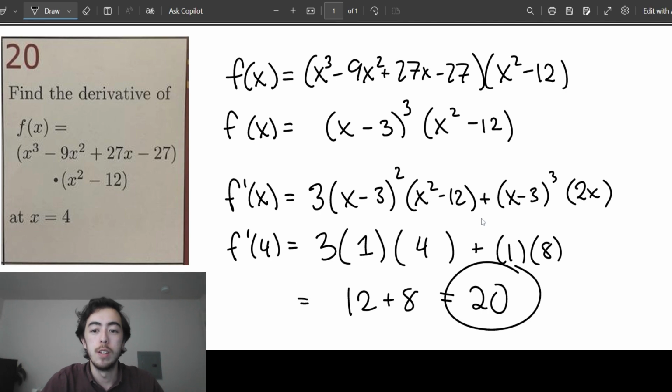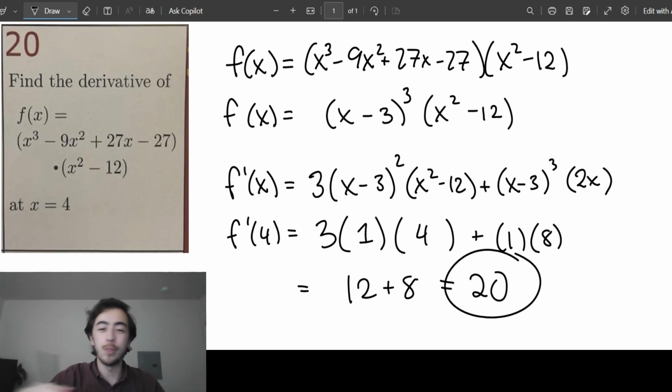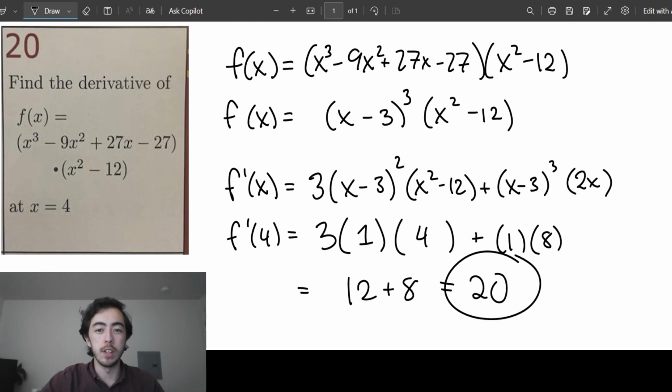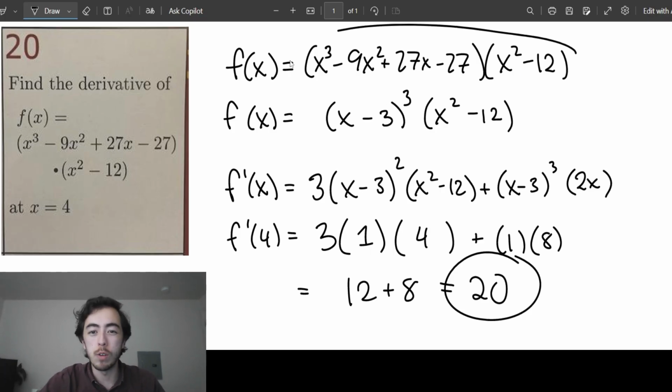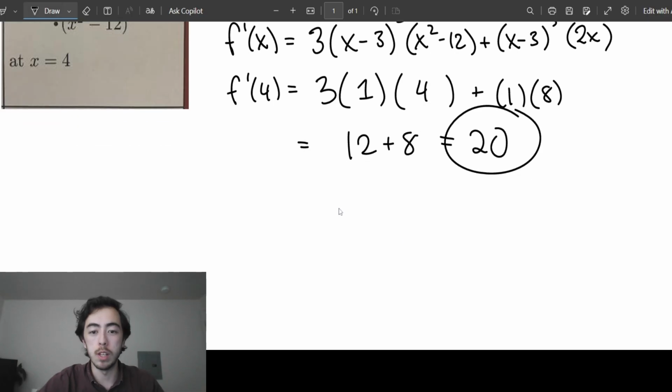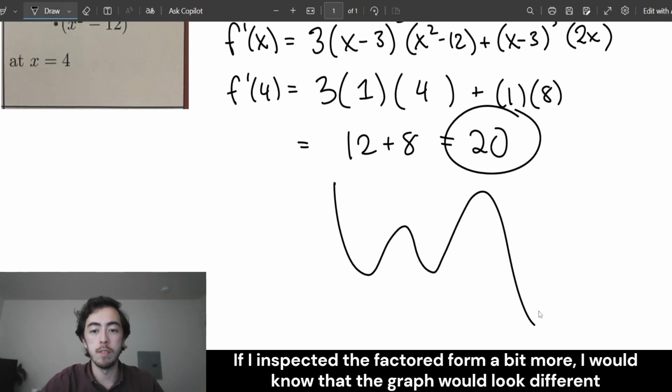Cool. And what this means, if we looked at a graph of this function, it would be some kind of degree 5 polynomial. So it'd be kind of wobbly, it would be 1, 2, 3, 4, 5, something like this.